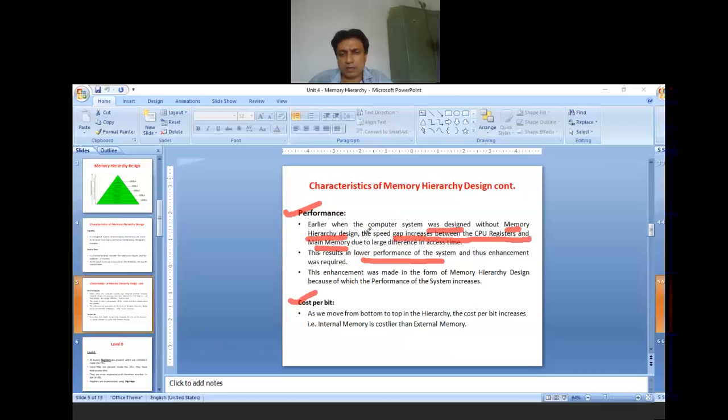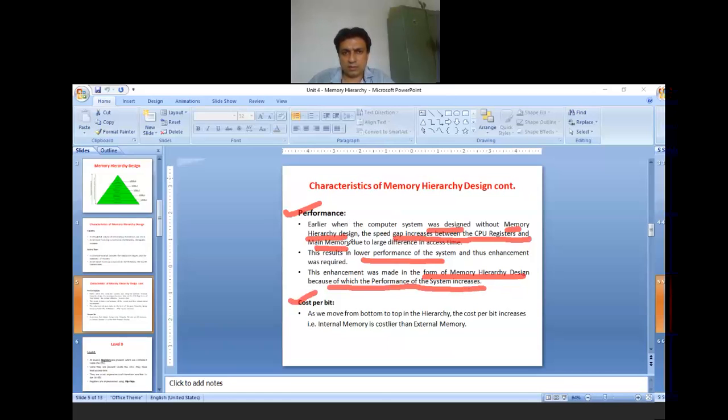This enhancement was made in the form of memory hierarchy design, and because we are using the memory hierarchy design as shown in the diagram in the previous slide, it increases the performance of the system.